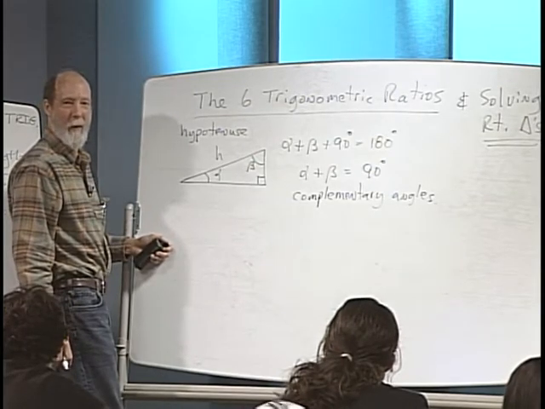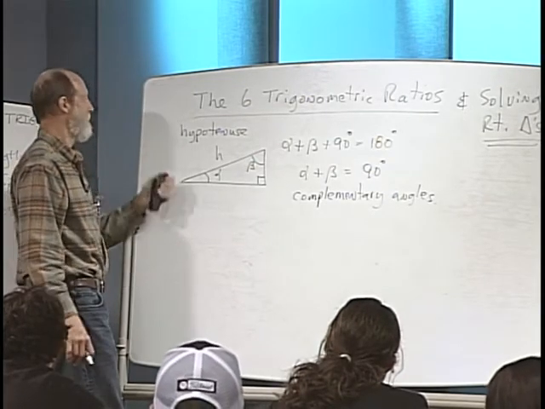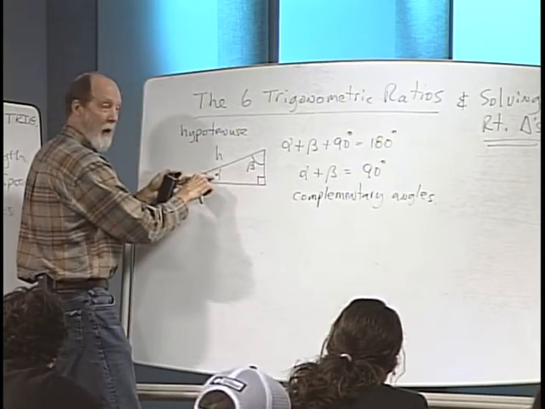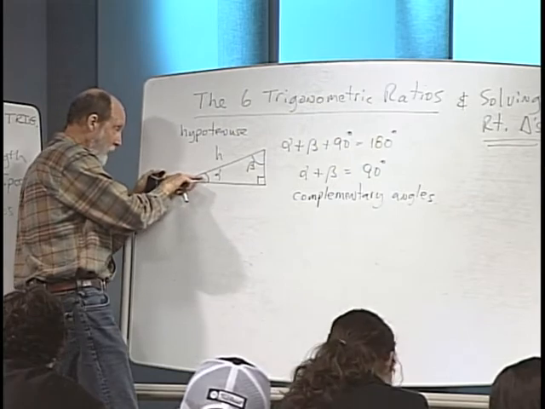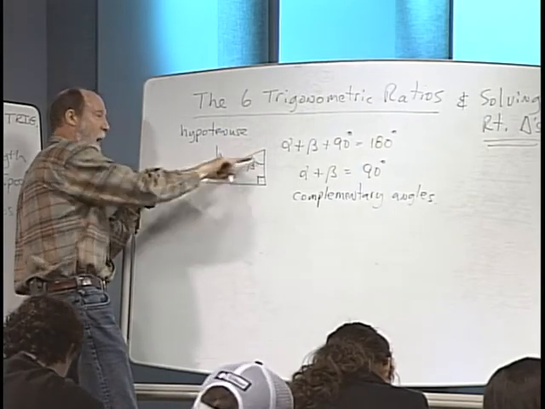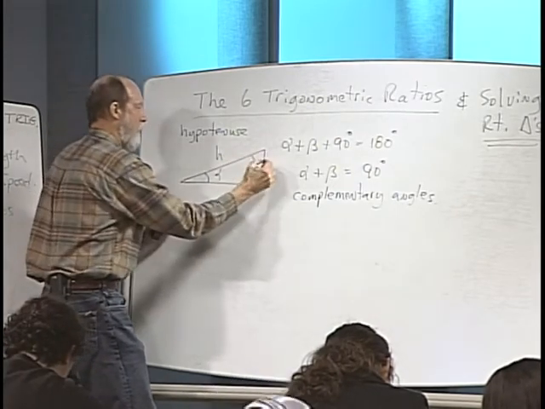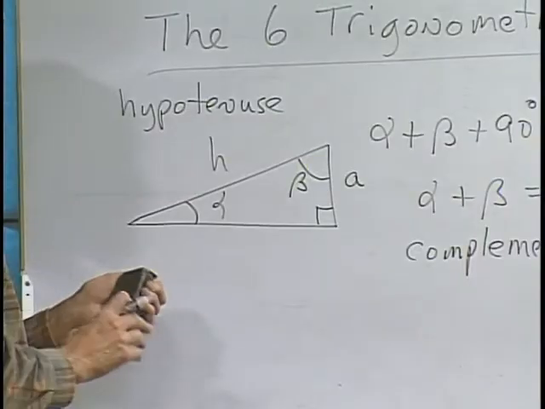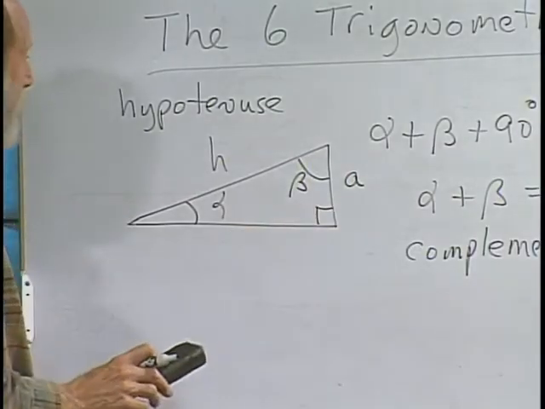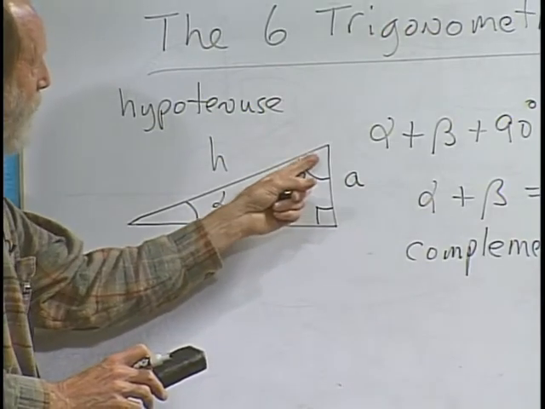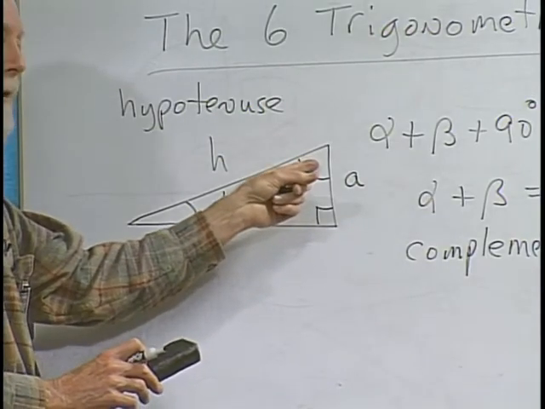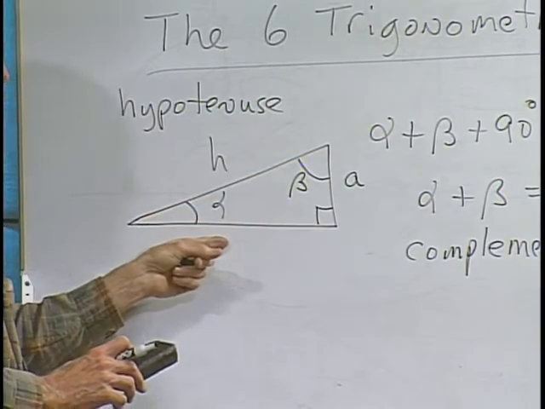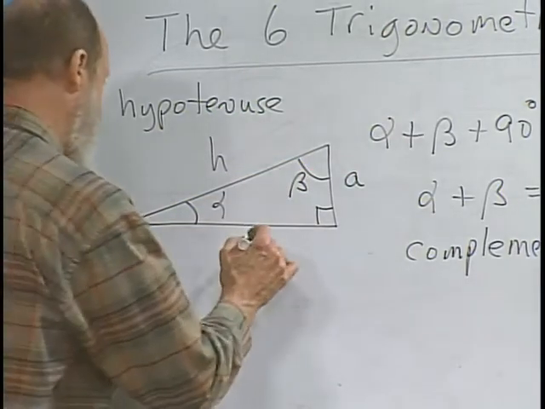Always try to be a good speller. The side opposite angle alpha, if you get inside here and look out, what you see opposite you over there, I'm going to call it letter A, small a. If I'm inside the triangle looking out from angle beta, I'm going to see an opposite side to it down here. I'm going to call that little b, small b.